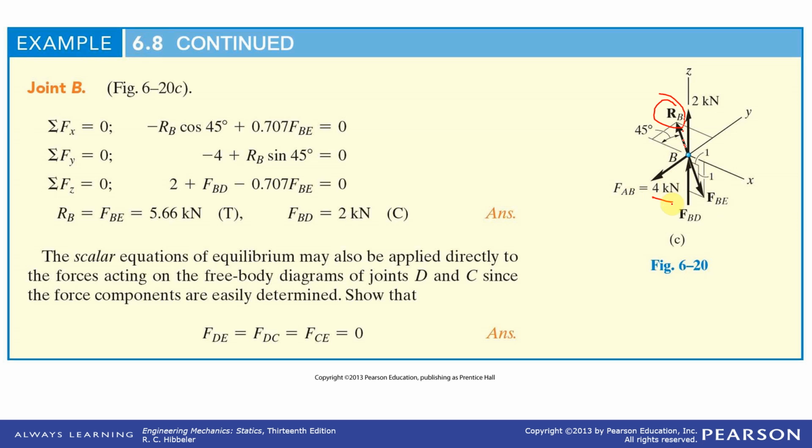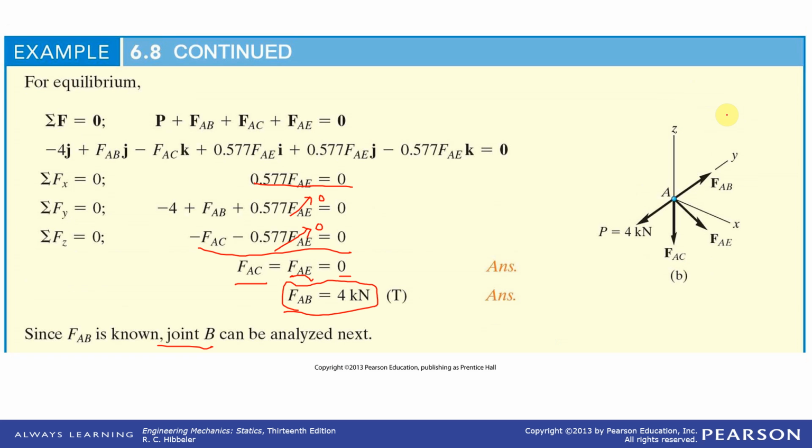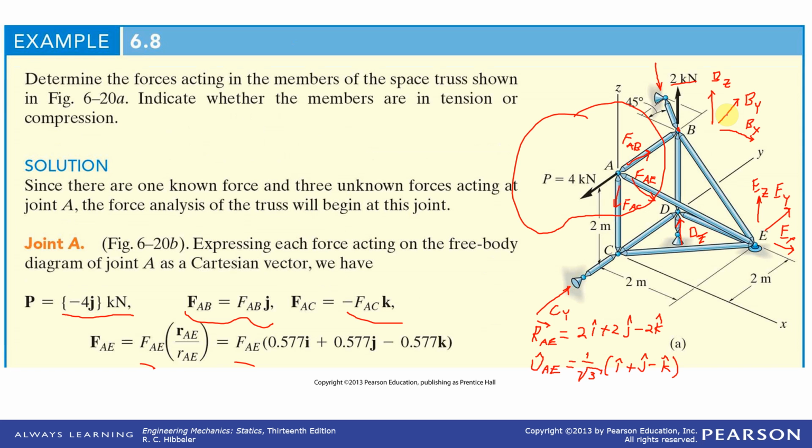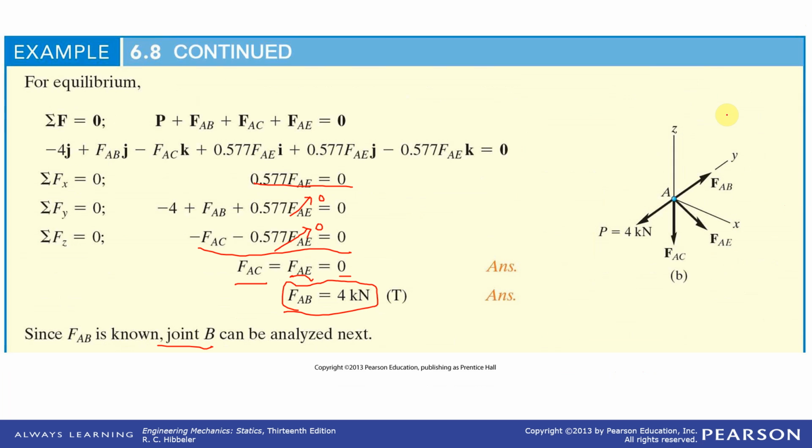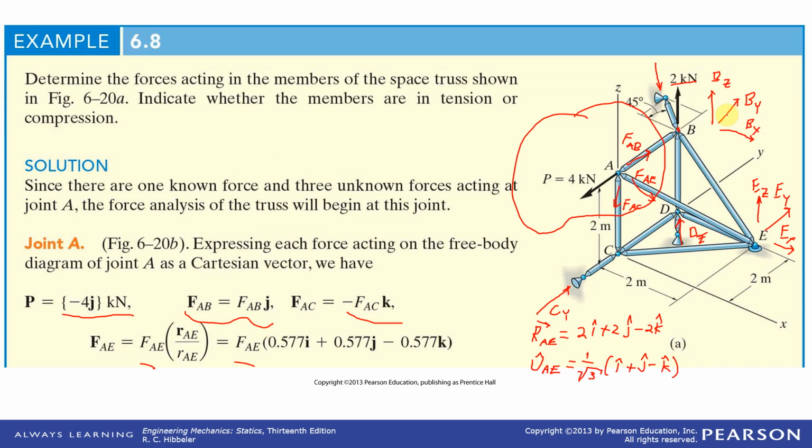FAB, they left it alone. It's 4 kilonewtons. FBE, see, FAE and FAC are 0. So we have FAB and FDB, and what the book calls R, which is as good a symbol as anything.